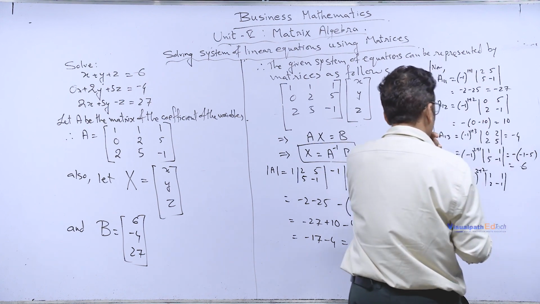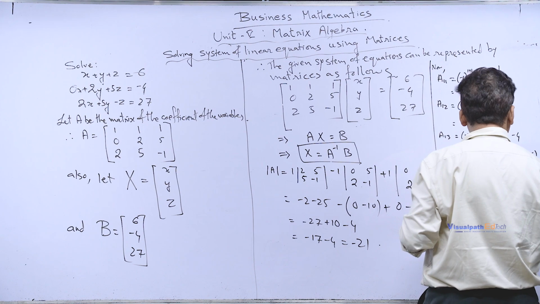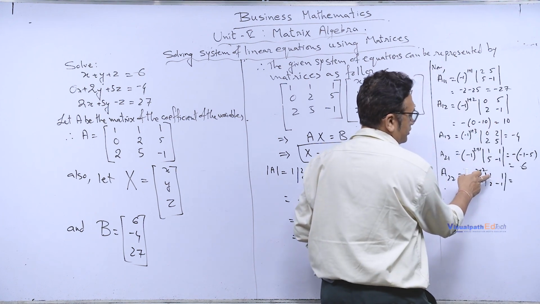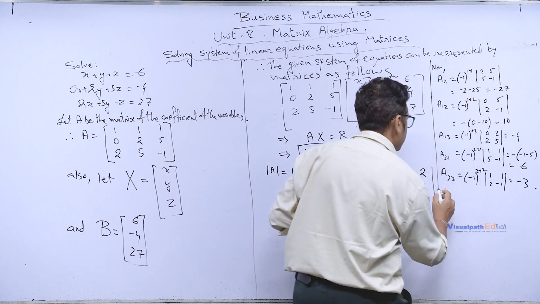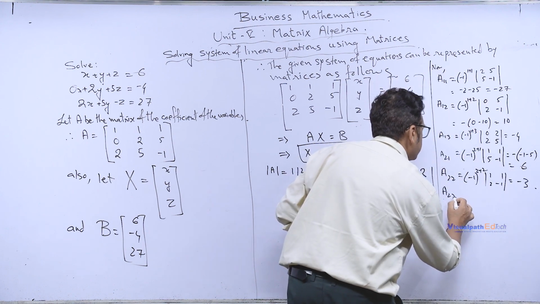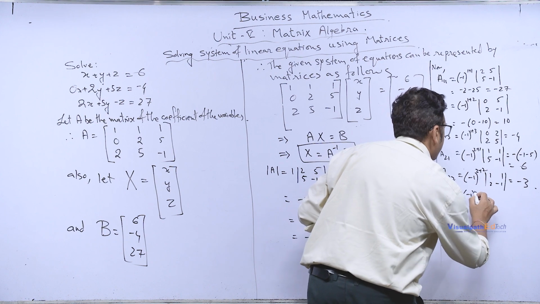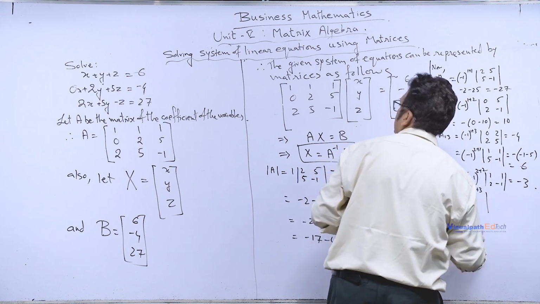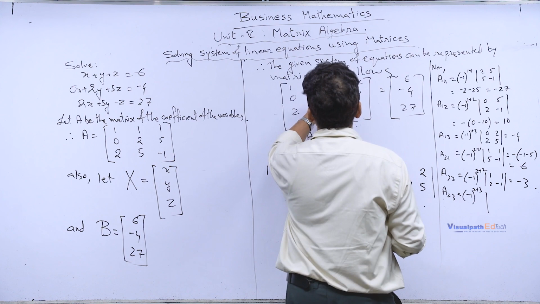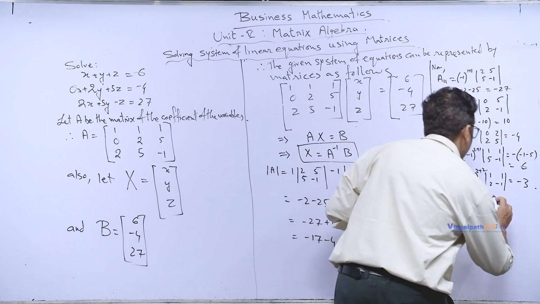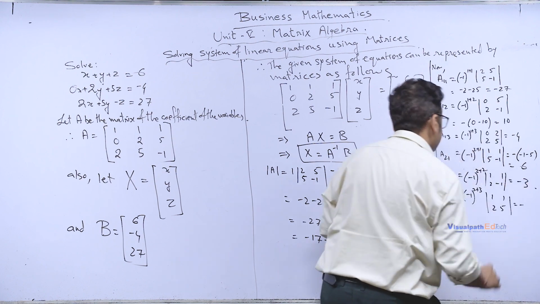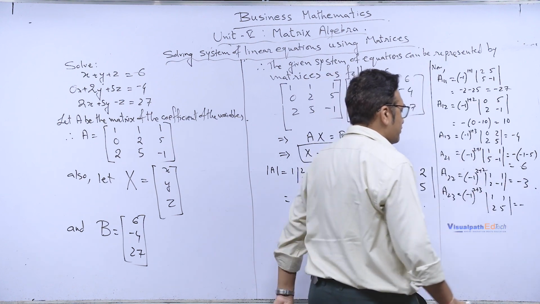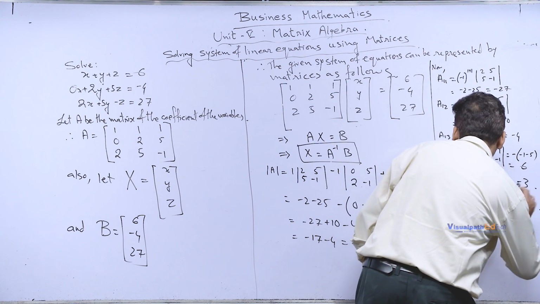So, that way we will get minus 1, minus 2, minus 3. A23, 2 plus 3, then the minor. So, it will be 1, 1, 2, 5, minus, and then that's 5 minus 2, that is 3.